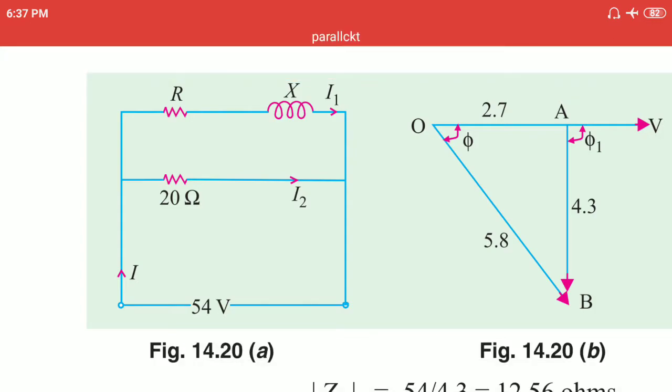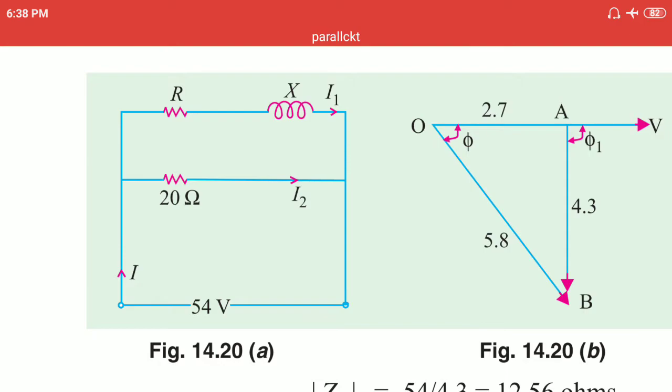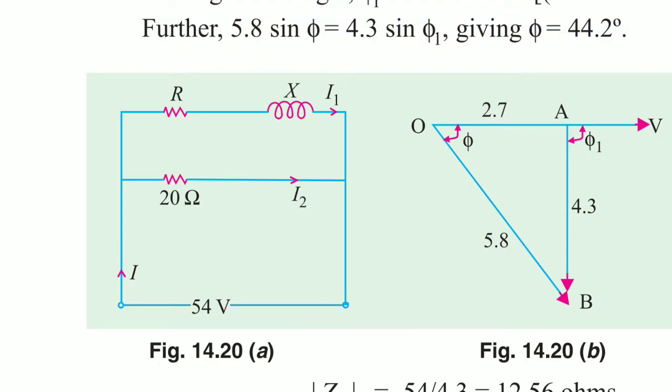54 volts is the supply voltage. In the inductive branch the current is I1, and in the 20 ohm resistance the current is I2.